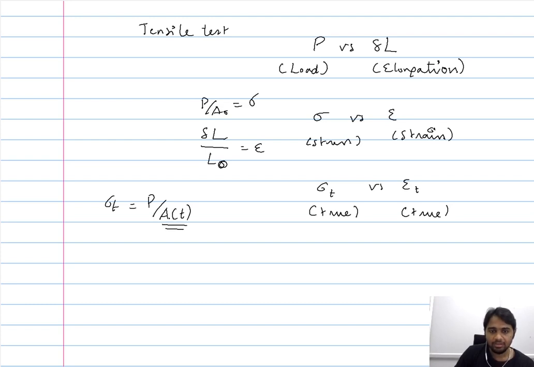So the problem with the engineering stress strain curve was, you get a representative curve, particularly for metals and alloys, which looks something like this. Now this was the point that rendered the ambiguity to the representation in the engineering stress strain curve.